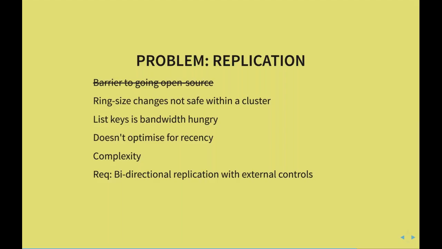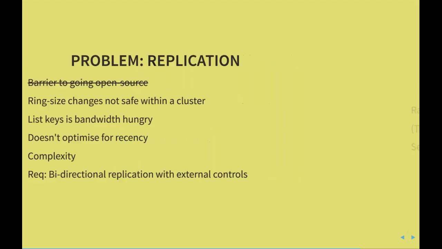And generally speaking, replication code is quite complicated, and we think potentially that could be made simpler, potentially by introducing third-party products. And for most of the NHS, we're only really focused on bidirectional replication, and ideally we want it to be controllable externally, so that we don't have to rebuild Riak if we want to change how we schedule replication and that kind of thing.